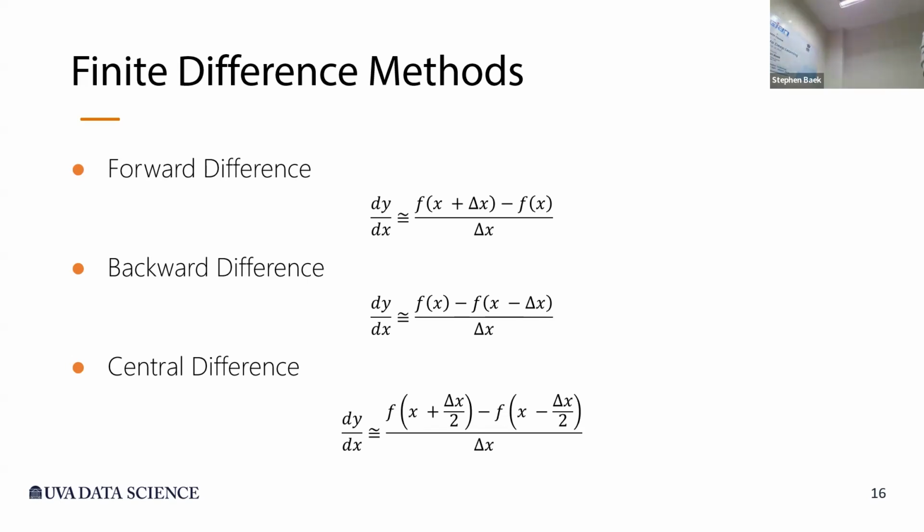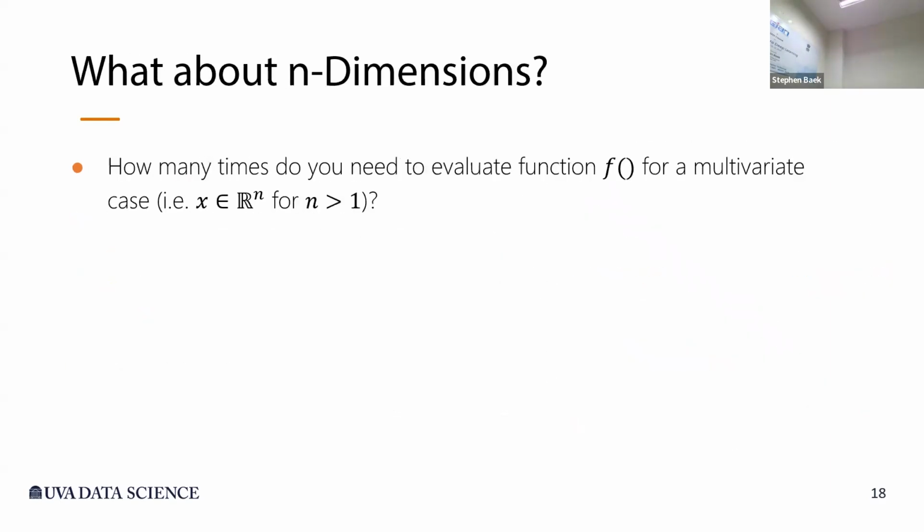If it is 1D, maybe it's simple. 2D, still doable. 3D, okay, not bad. But if you go to much higher dimensions, you're going to need to start worrying about computational efficiency.